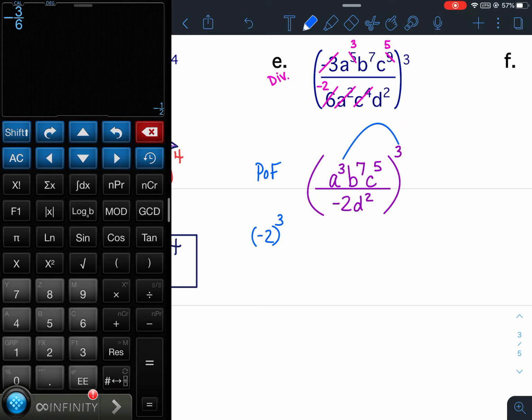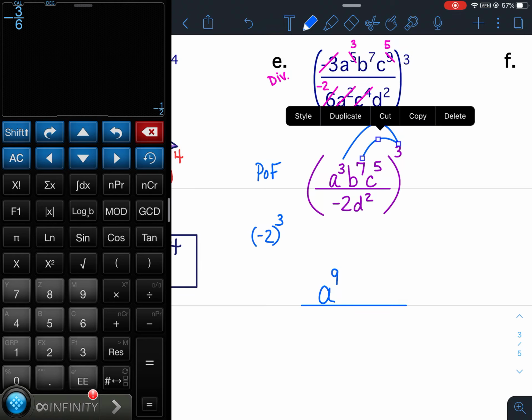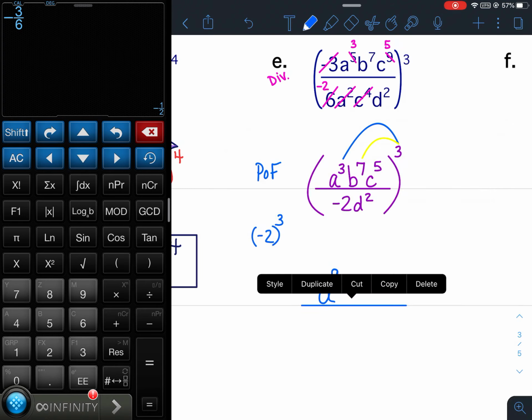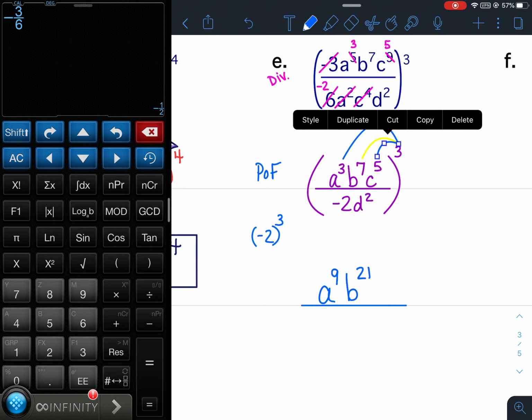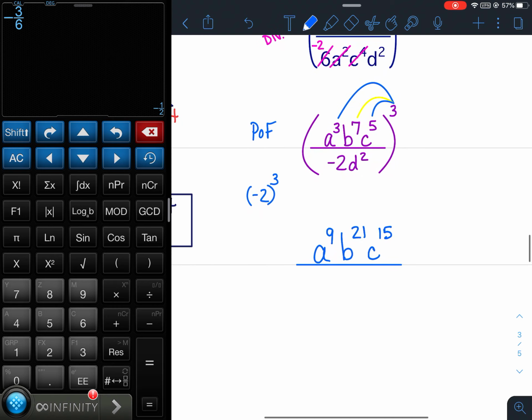So 3 times 3 would give me a to the 9th. Three times 7 would give me b to the 21st. Three times 5 would give me c to the 15th. That took care of the numerator.